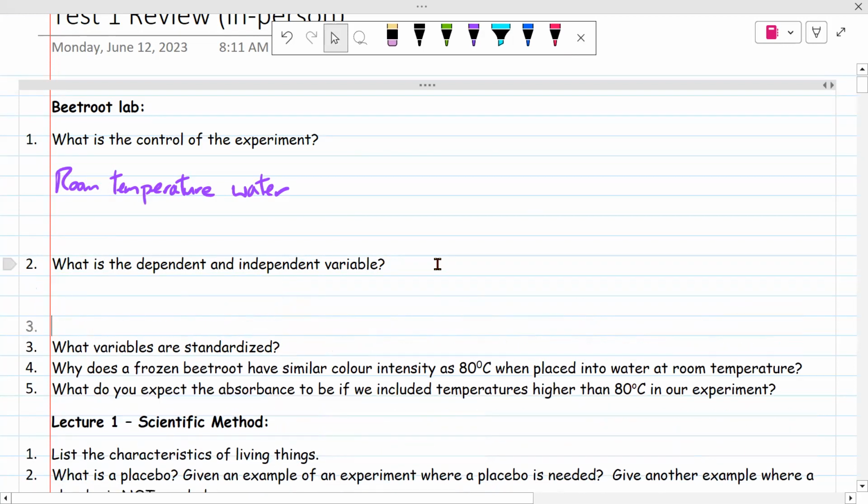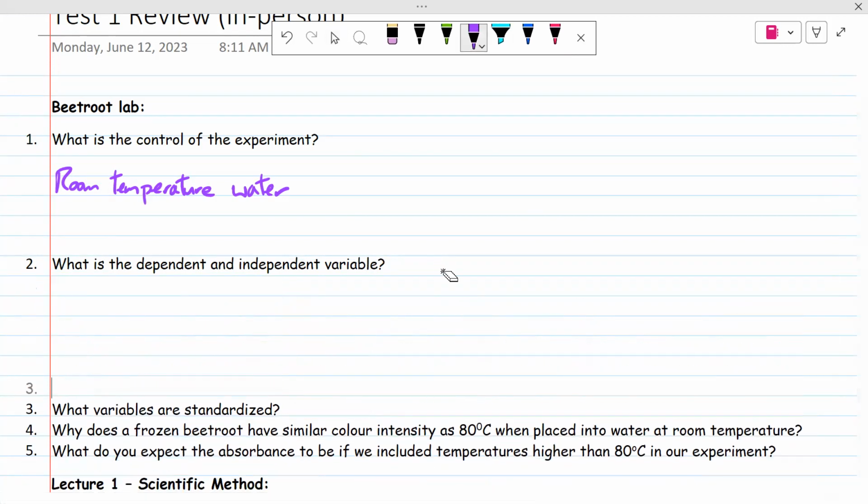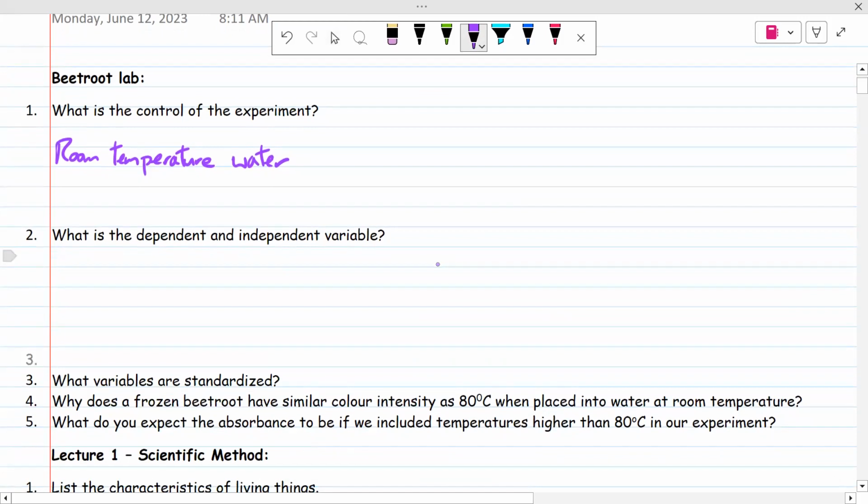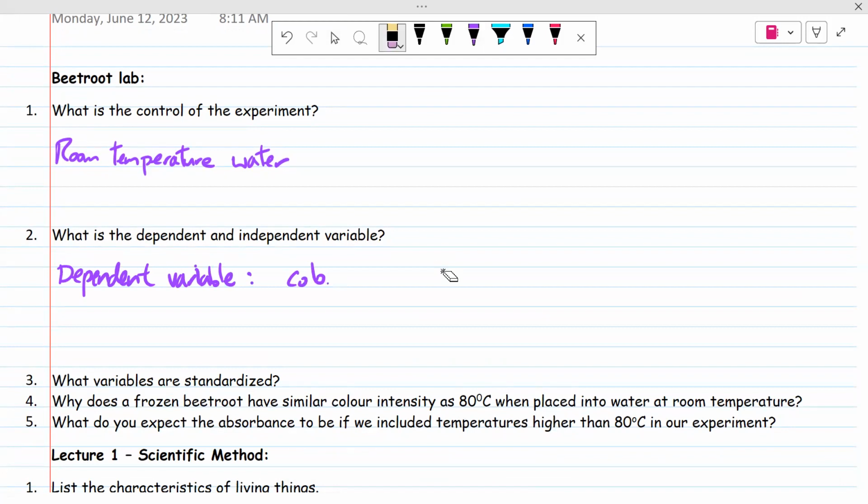All right, next question. What is the dependent and the independent variable? Okay, so for dependent variable, that would be the color intensity, right? Color intensity. Not the absorbance of green light, because we actually didn't do it. The absorbance was just data that I gave you.